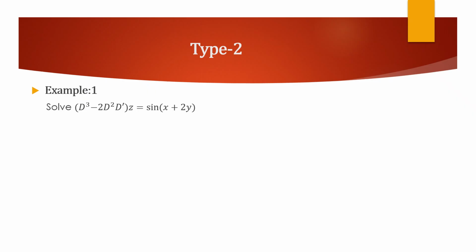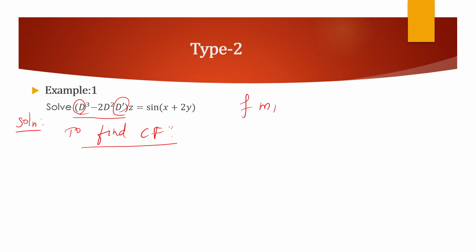Here first we have to find the complementary function by considering the left hand side. For finding the complementary function, first we write the auxiliary equation of the given. The auxiliary equation is obtained by replacing d by m and d dash by 1, written as f of m comma 1 is equal to 0.